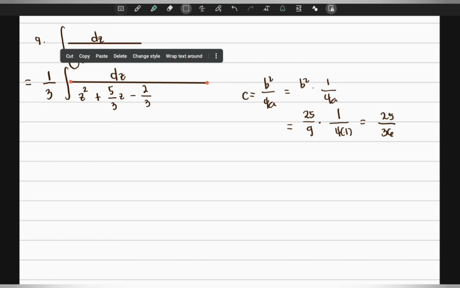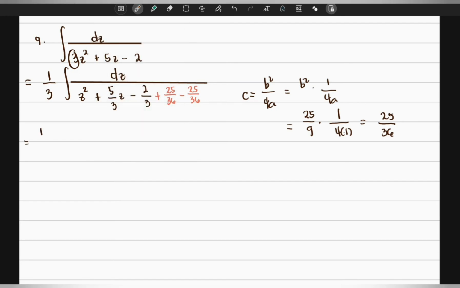Ipapasok natin yan dito, dagdag bawas. So, plus 25 over 36 minus 25 over 36. We have 1/3. Okay. Tapos, i-group na natin yung ito, at saka ito.